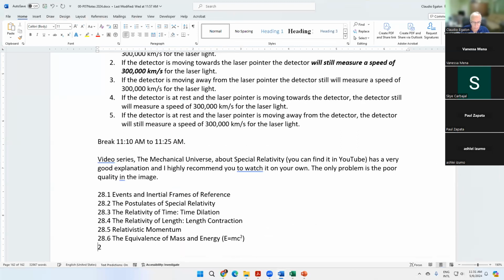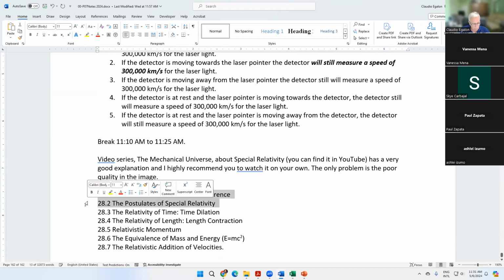And 28.7, the relativistic addition of velocities. Okay, we already covered those two here.